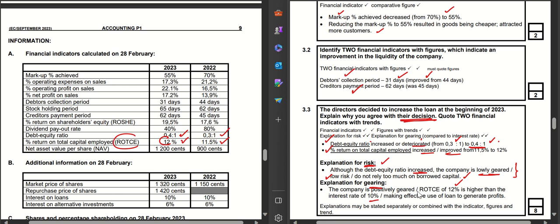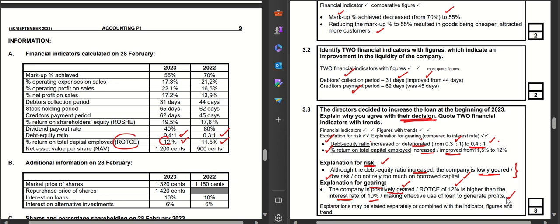So it means if we want to see that we are positively geared, we have to measure our ROTCE versus our interest rate. If our ROTCE is higher than our interest rate, therefore we are positively geared. But if our ROTCE was lower than the interest rate, then we would have been negatively geared. Now that we are positively geared, it means we're making effective use of the loans to generate profits.